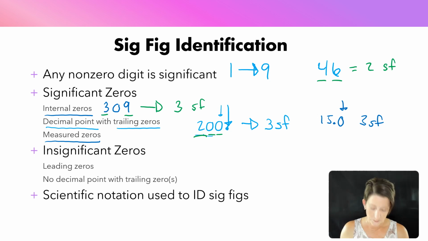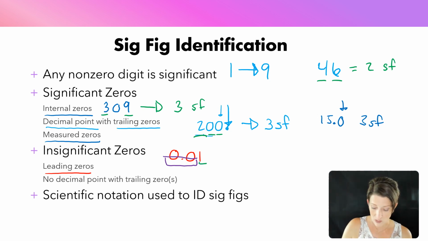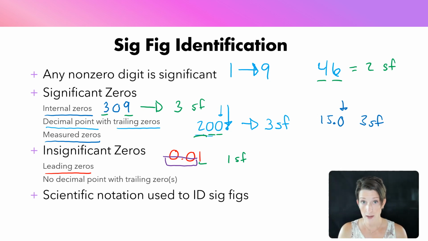Insignificant zeros. Leading zeros are never significant. So these are for numbers smaller than 1. So if we have 0.01, these zeros that are preceding our first significant digit are not significant because they're just placeholders. They're putting the first significant digit in the place value it needs to reside. Therefore, this has 1 sig fig. That means the device we're using allowed us to measure 1 just to that hundredths place.